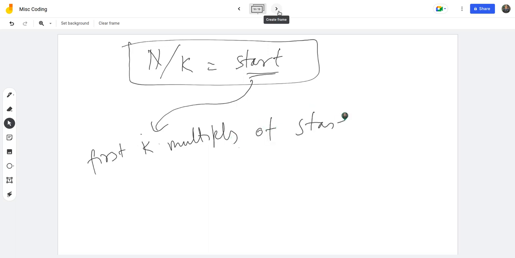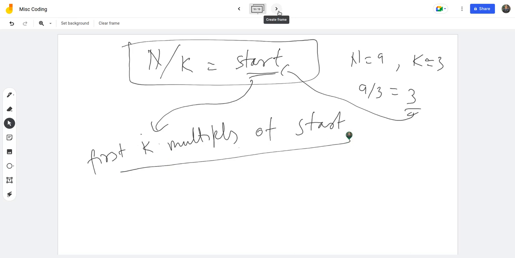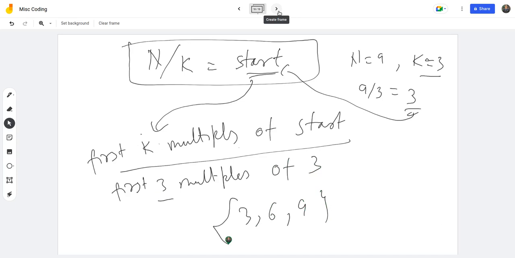So for example, in the previous case, for n equals 9 and k equals 3, our start was 9 by 3, which is 3. And the first k multiples of start, so first 3 multiples of 3, which is 3, 6 and 9, and that was what our answer was, right? So I hope this solution is clear.